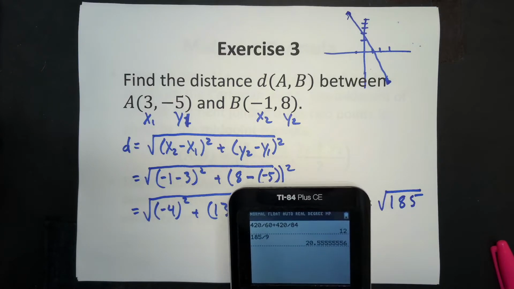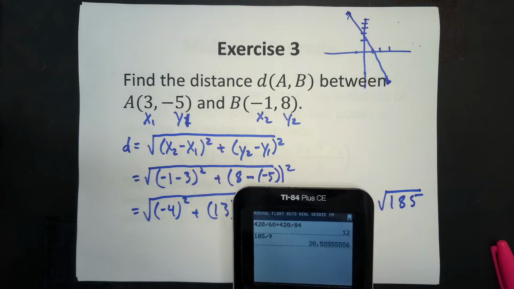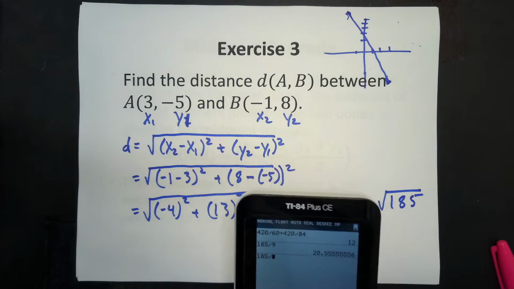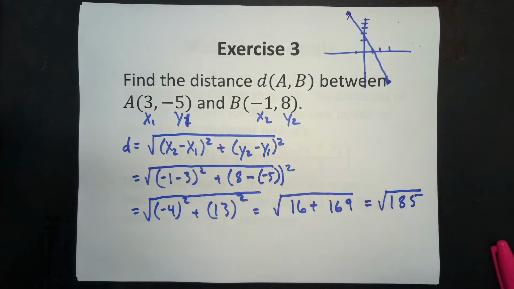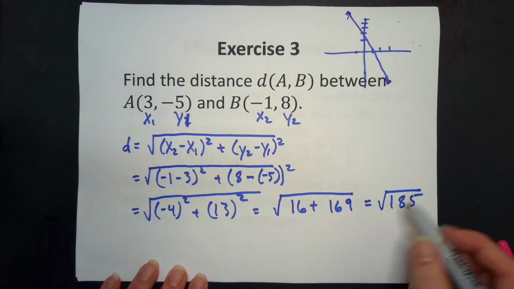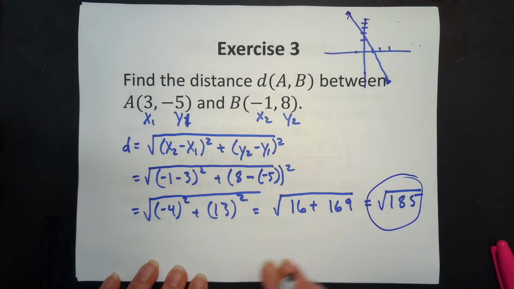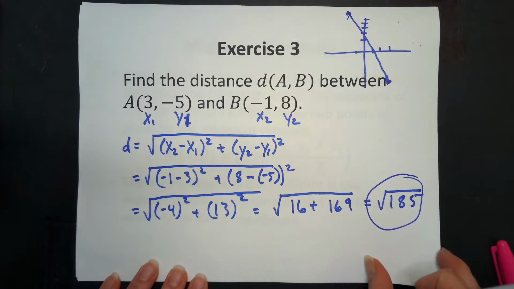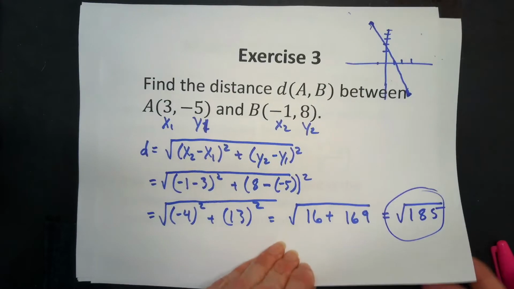It's not divisible by 16 because it's not an even number, but we could check real quick. Divide by 25, and no, it's not divisible by that. And so it doesn't have any perfect squares, so you just leave it like the square root of 185. Don't round it off unless it tells you to approximate with decimals.